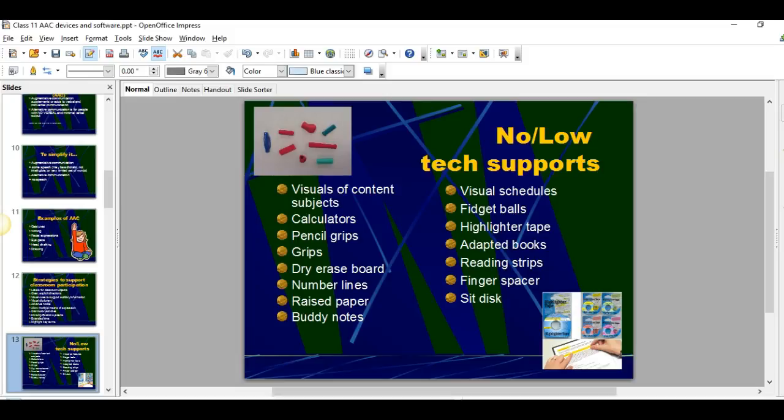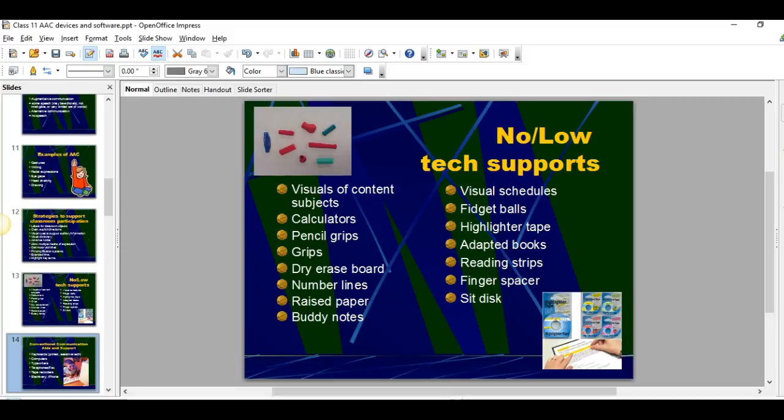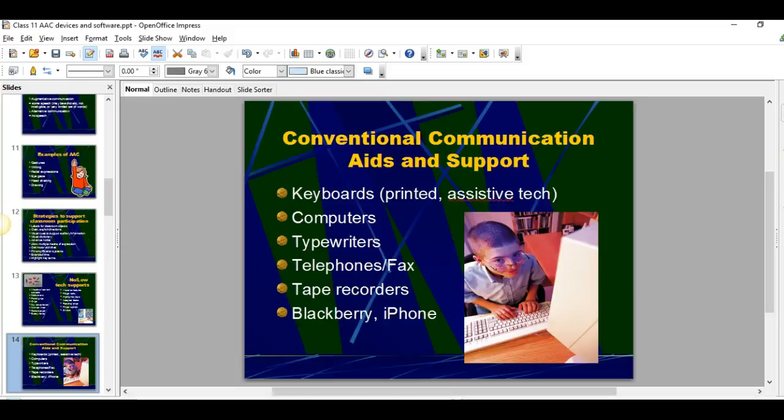Having visuals, calculators, pencil tips, dry erase board, having number lines, raised paper, having a buddy to provide notes, providing visual schedules, fidget bowls, highlighter tape, adapted books, reading strips, finger spacer, or Sutix are all these assistive technologies where they do not cost much and they make a difference in a student's life with communication issues.